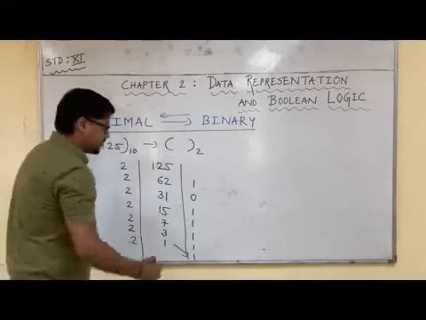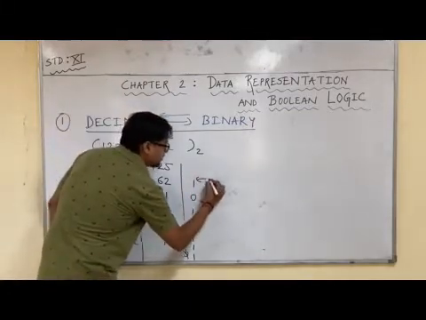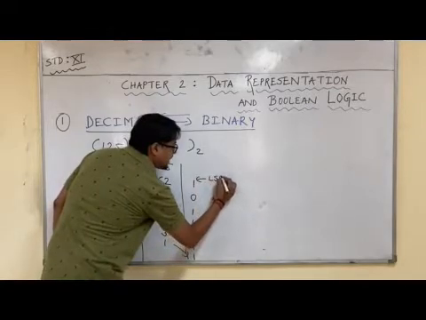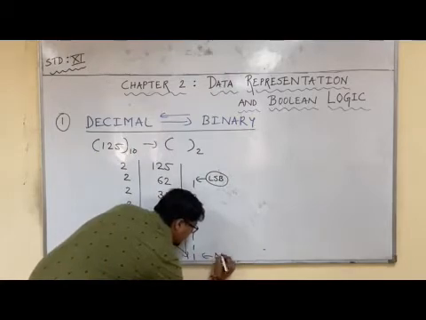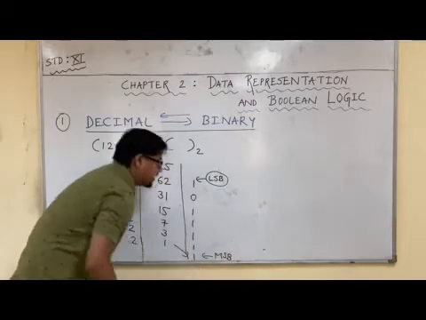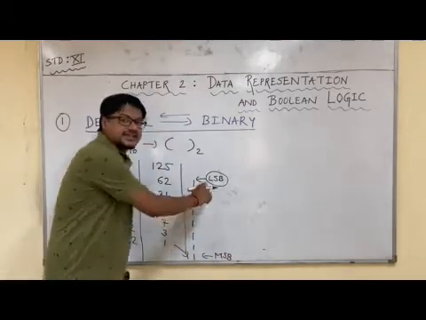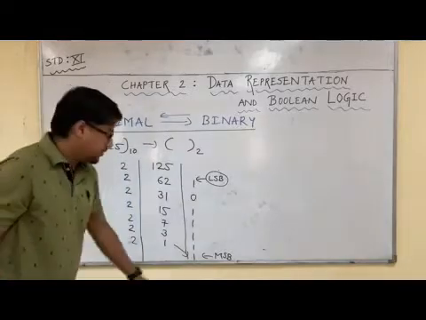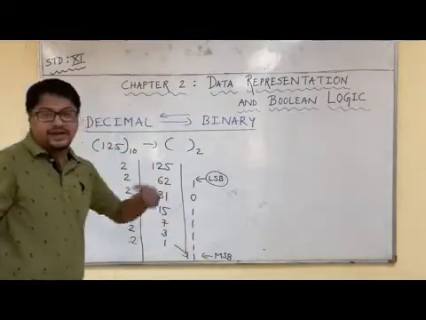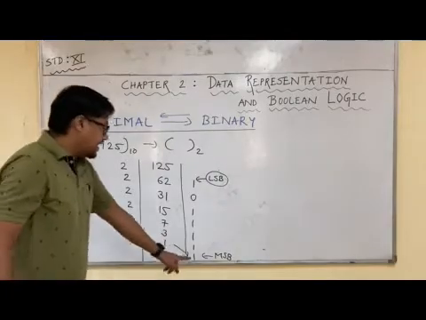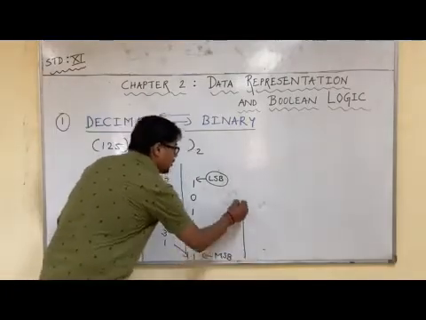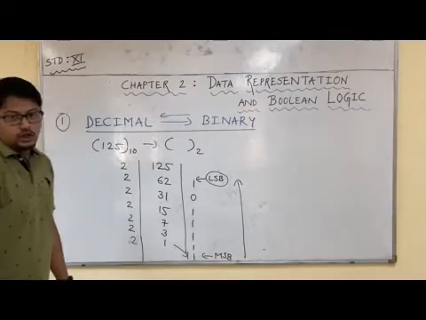Now pay attention. This first one is called LSB. The bottom one is called MSB. What is the meaning? Least significant bit, most significant bit. Whenever we are writing the answer, we will write from bottom to the top.